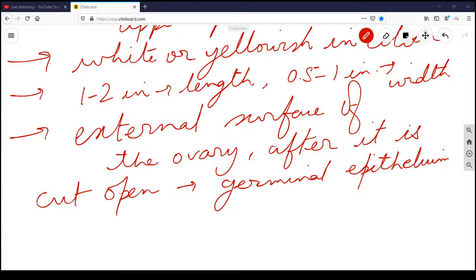Underneath the tough protective epithelium is a protective layer of connective tissue. Okay, that is given in NCERT as the tunica albuginea.